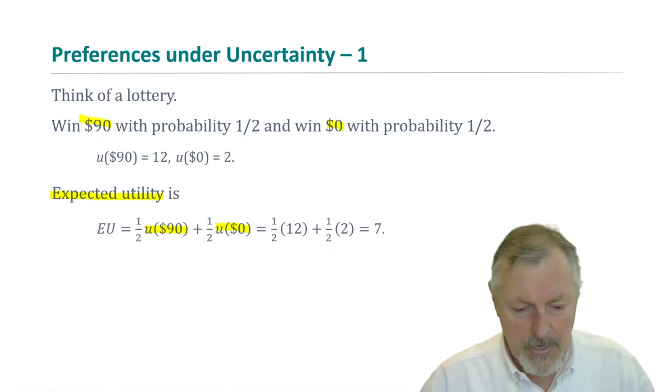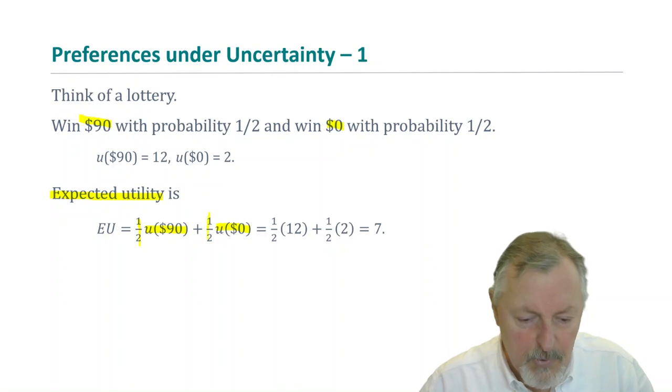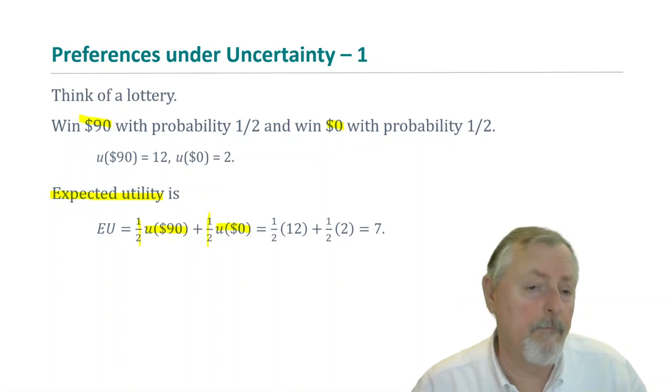And you discount each by the probability of that outcome happening.